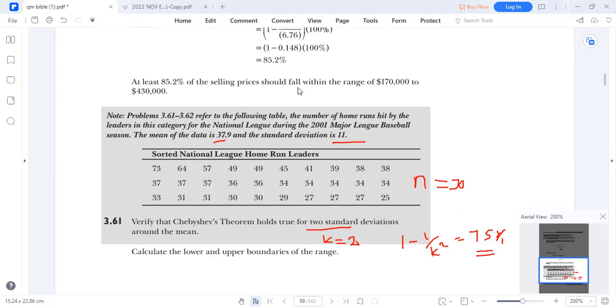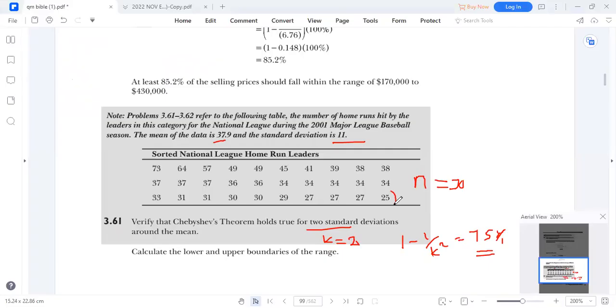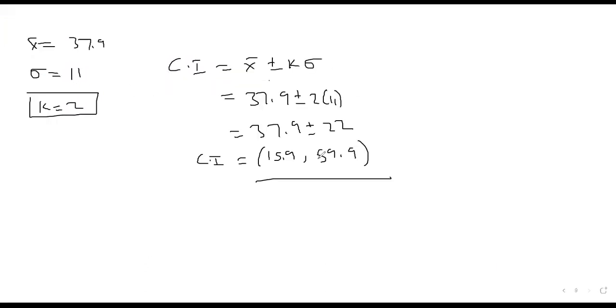Then we calculated the confidence interval, which is mean plus or minus K times the standard deviation. The mean was 37.9, K was 2, and the standard deviation was 11, giving us 15.9 to 59.9. So which numbers range within this figure? We need to manually count from 15.9 to 59.9. Since they're in order, anything within that range we can qualify.